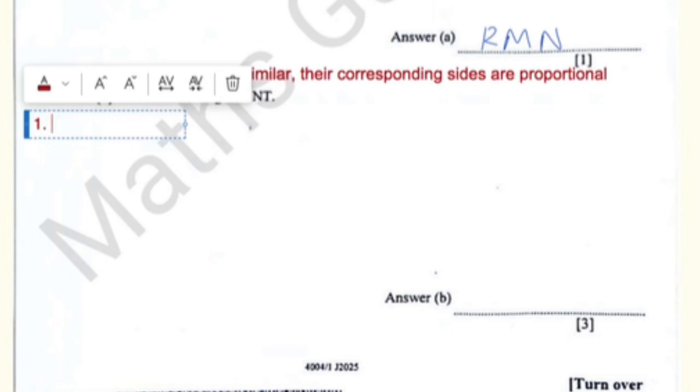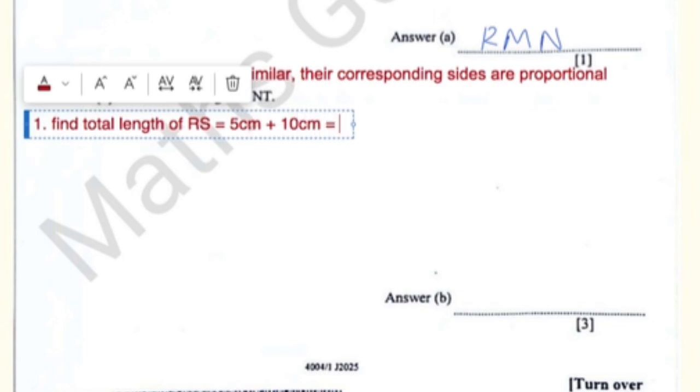The first step is that we need to find the total distance from R to S. In this case, we need to find the total length, which is RM plus MS. So this is 5 centimeters from R to M, and then M to S, that's 10 centimeters.